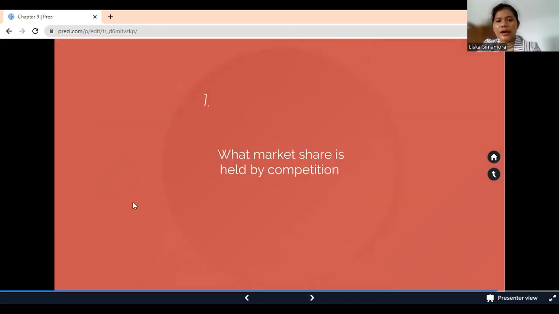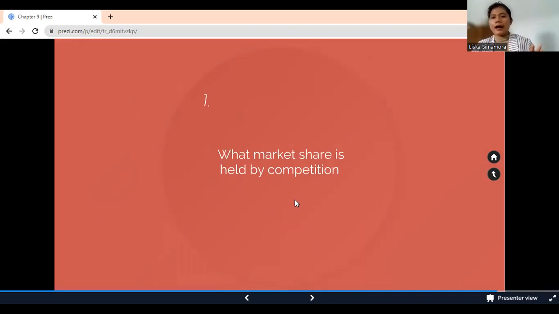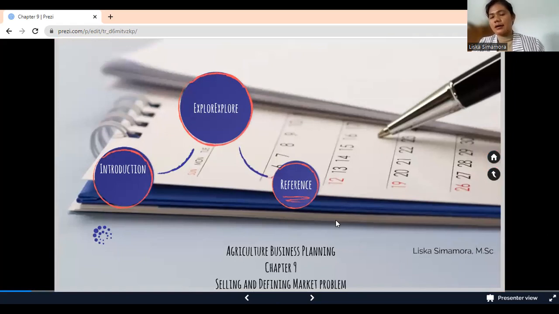And then, what market share is held by the competition? Okay. I have mentioned this before, and that is just another example for the chapter today about defining the market problem.